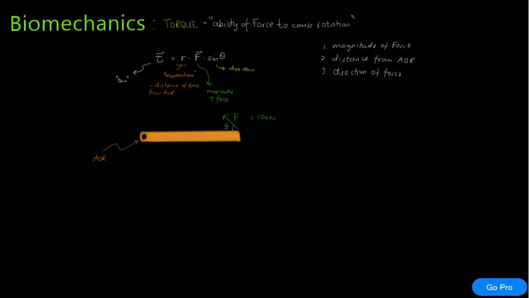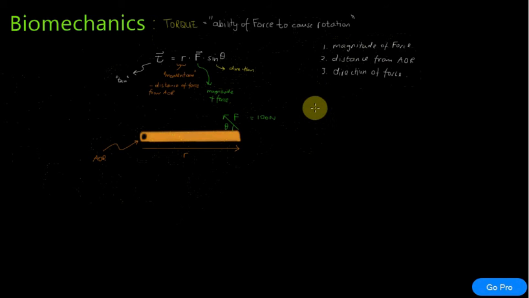Let me put in the R. R is something that I'd want to address over here. So we said R is the length or the distance from the axis of rotation where the force tends to act. Okay, so we have our three scenarios over here. Let's just put it into practice.